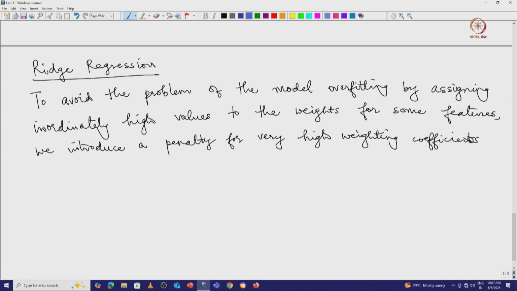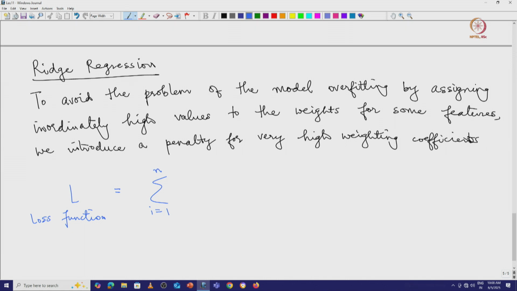So in this case, in the loss function, if you remember the loss function, and I will denote this by L here, the loss function for linear regression was the sum of squared errors.